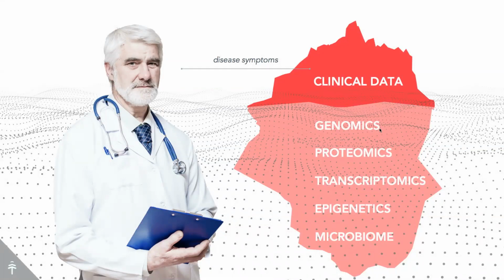So for example, we can analyze genomic, proteomic, transcriptomic, epigenomic, and microbiome type data so that we can understand how it all works together to produce a clinical phenotype.